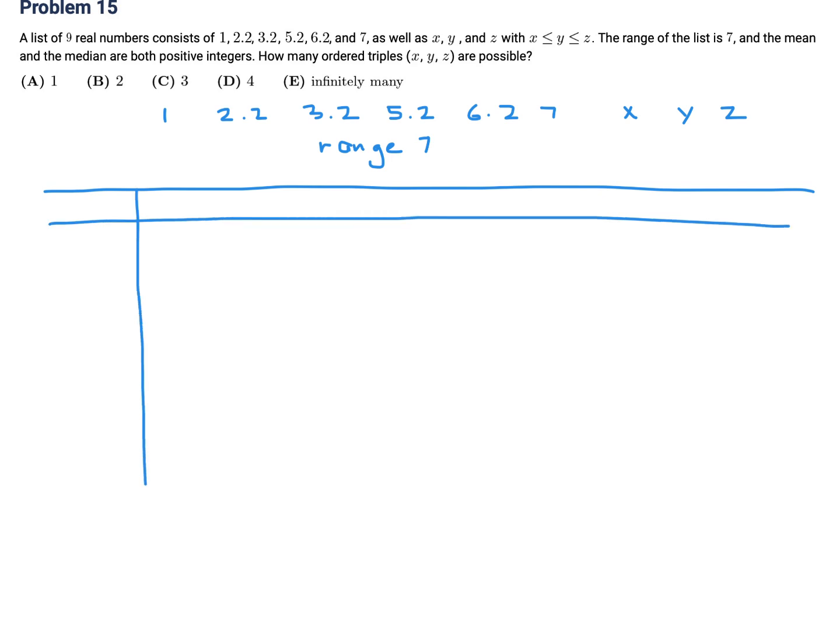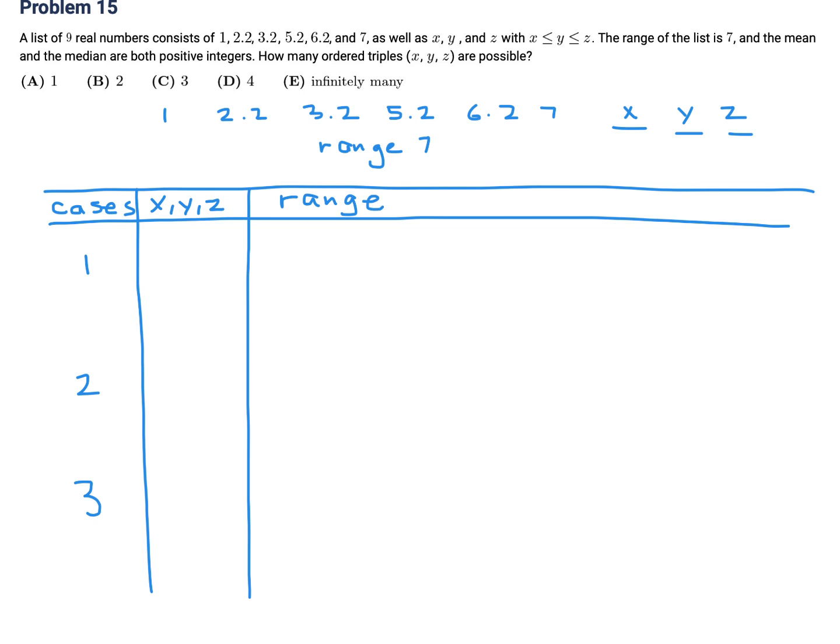I'm not sure how many cases we have, but let's start with 3, because there's 3 variables here, and for each of these we're going to have to make a decision as to where they go. Then we have the x, y, z triple that we have to figure out, and then the range, and then the mean, a lot of things here.